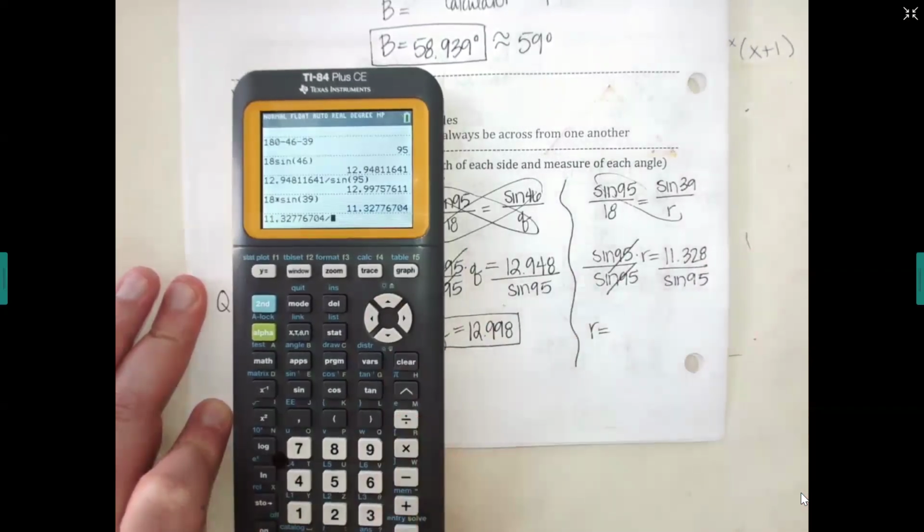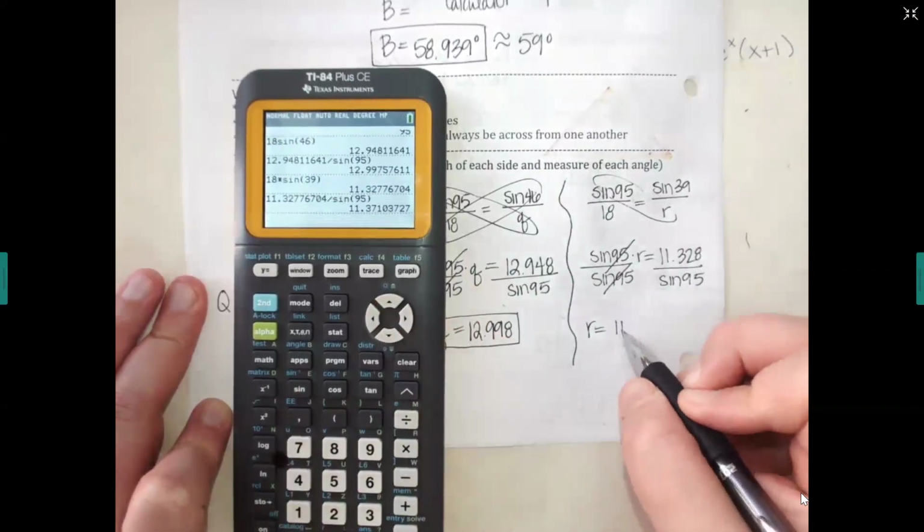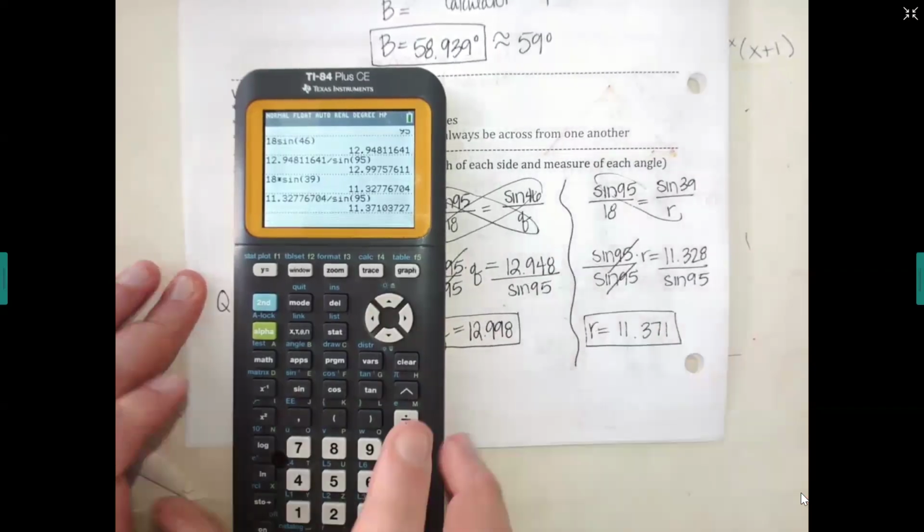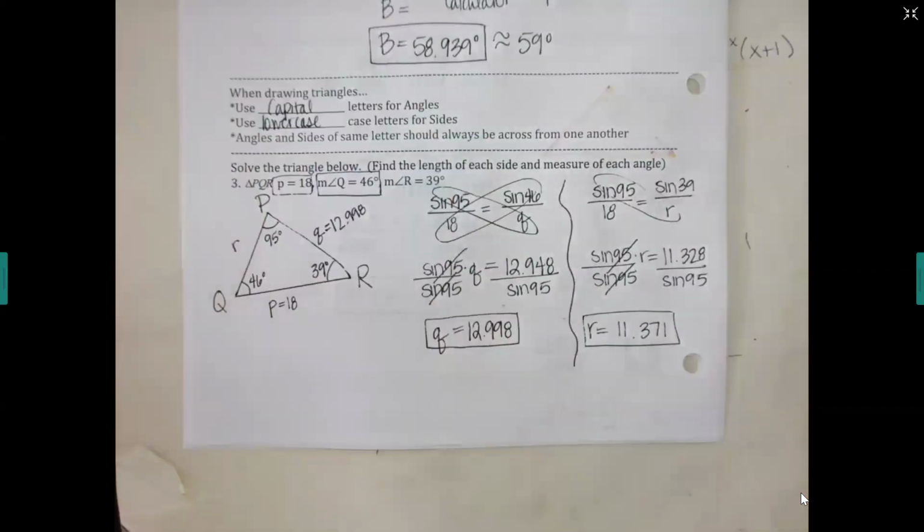I want 11 divided by sine 95. That gives me 11.371. Okay, then if you look back at your triangle, you have all 3 angles, you have all 3 sides, then you're done. Questions on that?